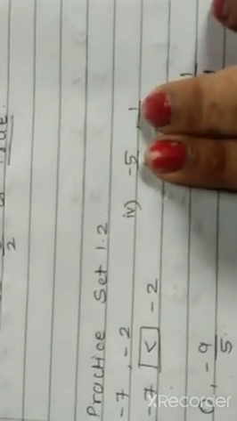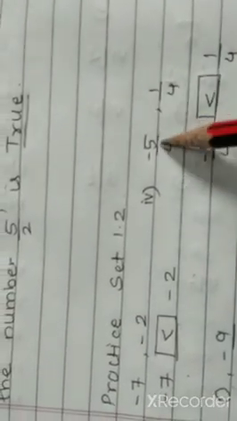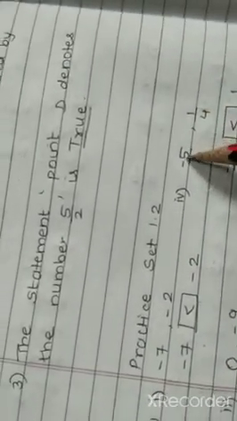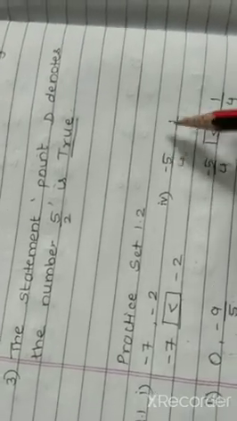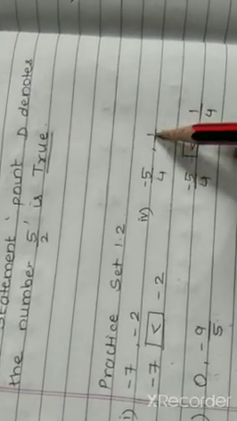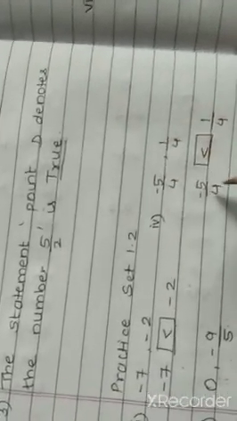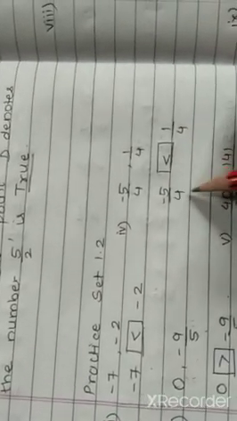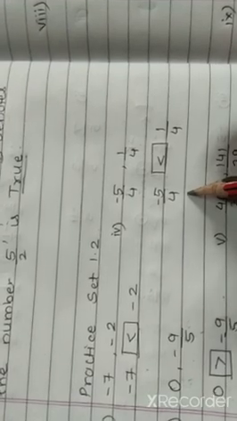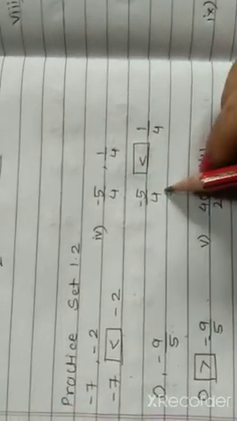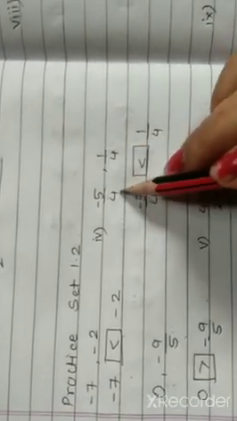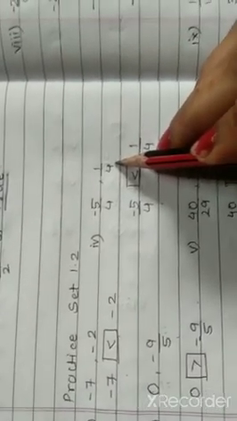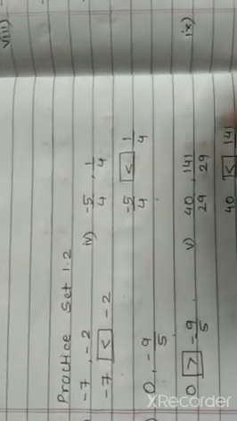Comparing -5 and 1, I have taught this, that when we are comparing a negative and a positive term, the positive is always greater. So 1 upon 4 is greater as compared to -5 upon 4. Here we have done this sum directly because the denominator of both the terms was the same. When we have different values, we will see ahead what is to be done.